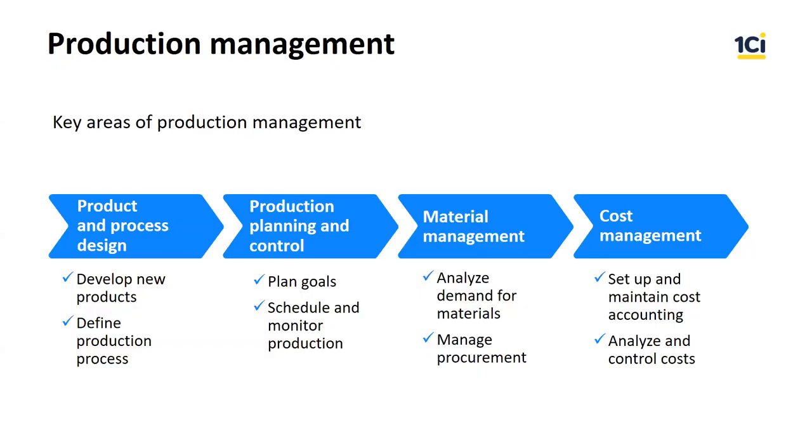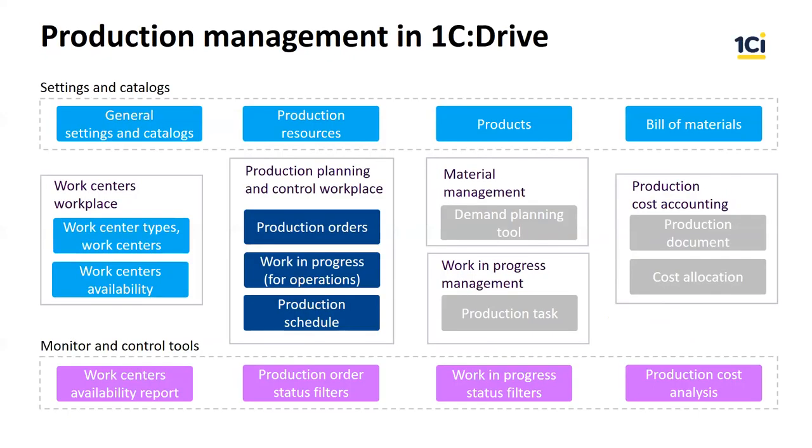Let's have a look at what OneSeaDrive has to offer in the area of production management. At the top, you see all the settings and catalogs that are used to store all the reference information that we might need to register business transactions and analyze results. Then goes the Work Center Workplace, where we register Work Centers availability, production resources availability to be exact, and the production planning and control workplace.